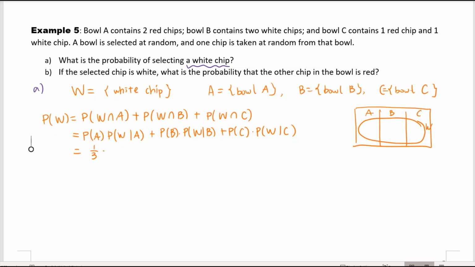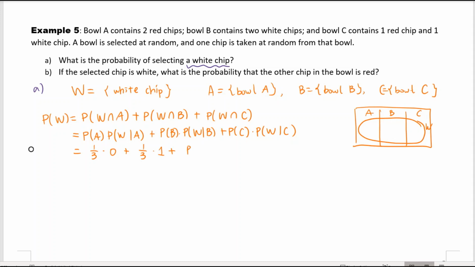Bowl A contains 2 red chips, so the probability of getting a white chip is 0. Bowl B, the probability of bowl B is 1/3. It contains 2 white chips, so the probability of getting a white chip is always, so times 1.